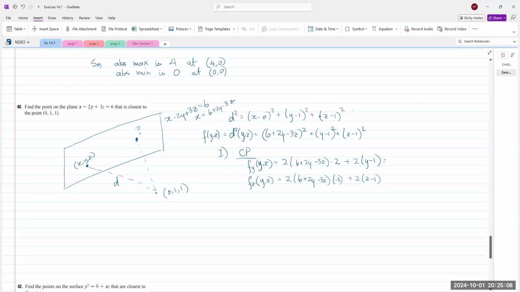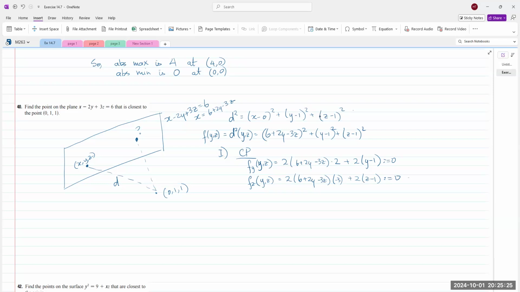Now I need to set these equal to 0. After we solve them, we get the critical points. That should be the point we want.